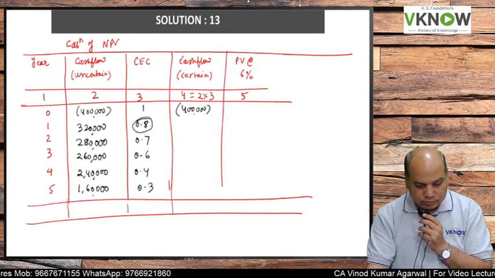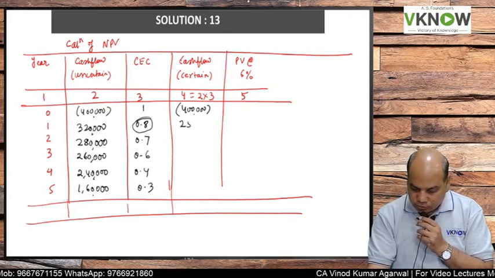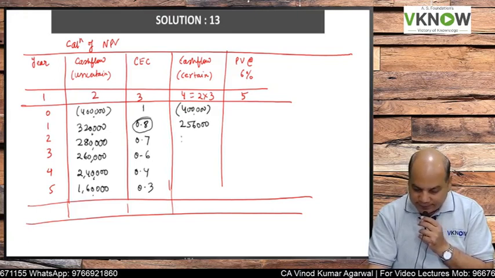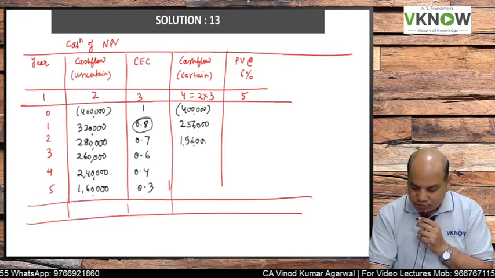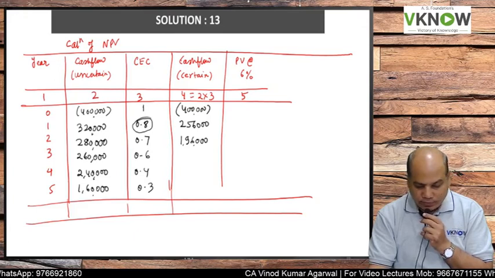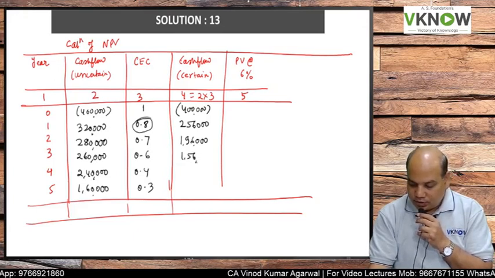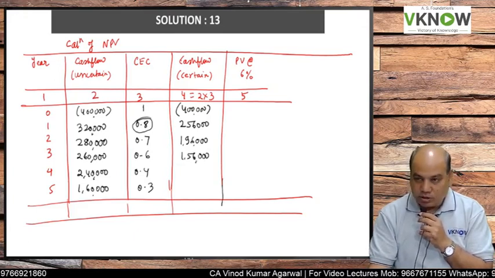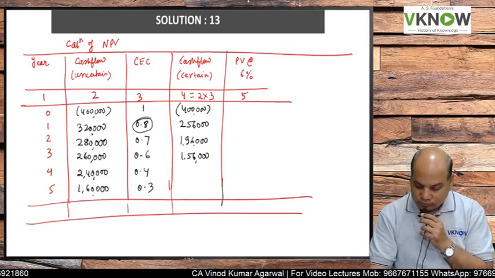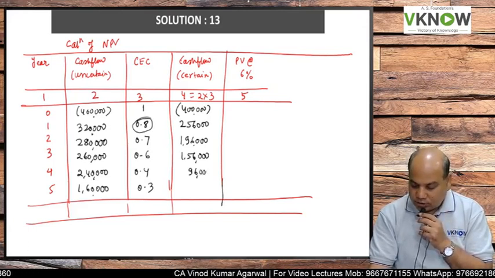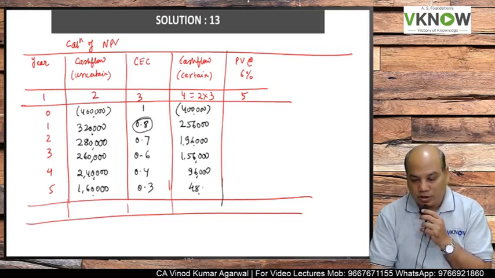Come on. 2,56,000. Is the student right? 1,96,000. Others will check. 1,56,000. Very good. 96,000. Yes, very good. 48,000.